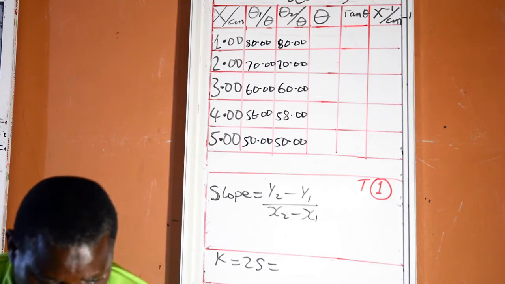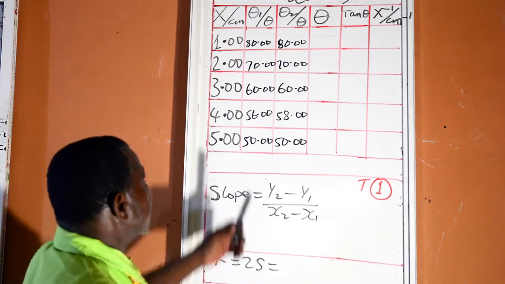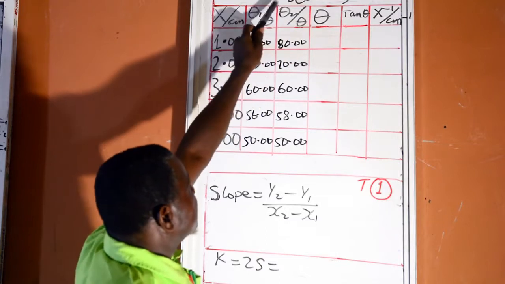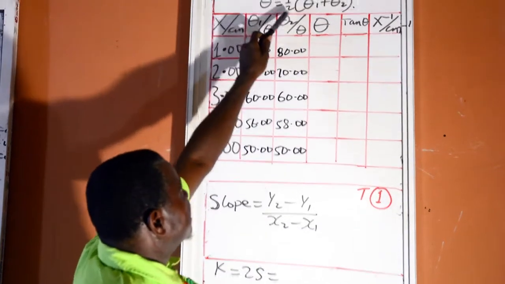Now, the next thing is to find the average. This theta is theta 1 plus theta 2 divided by 2.